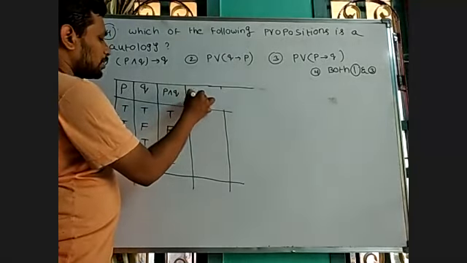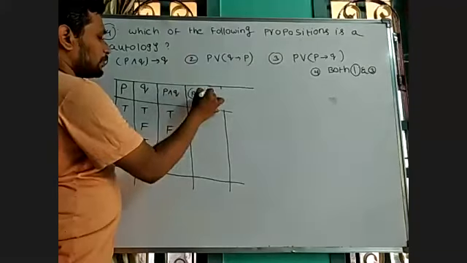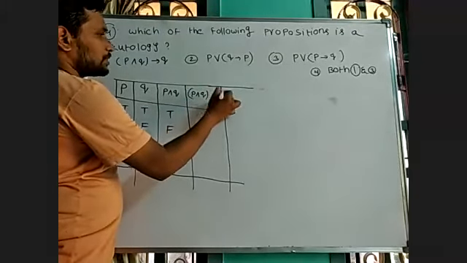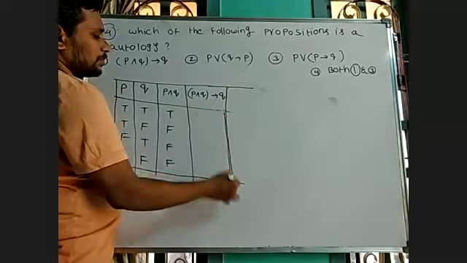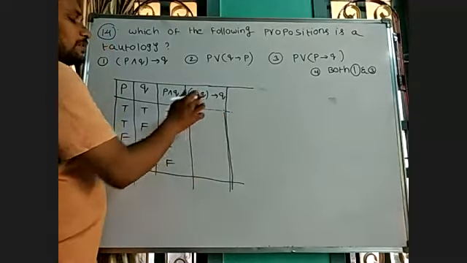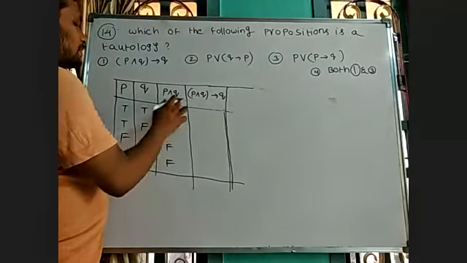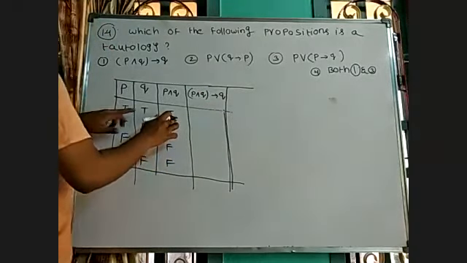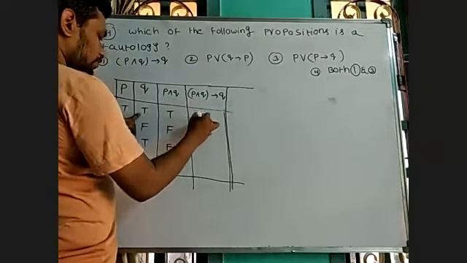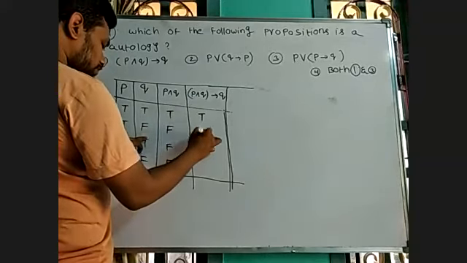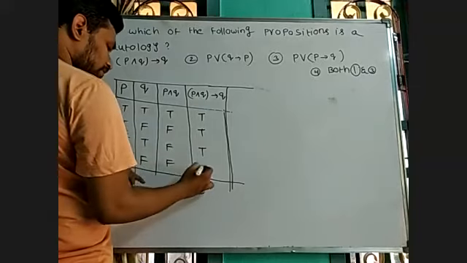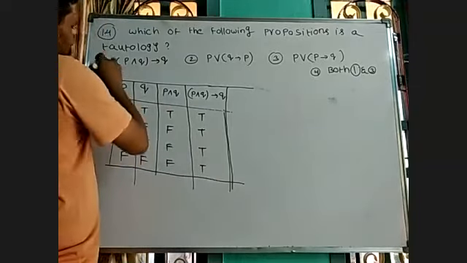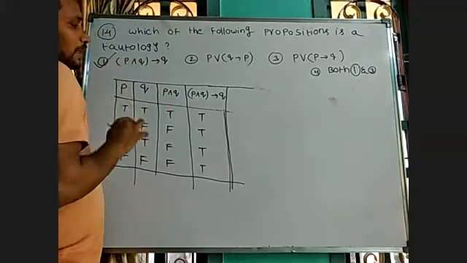P and Q, this is also Q. Okay, this is implication. So now true, true. What do we get? True. False, false, this is true. False, true, this is true. False, false, this is also true. Option one is satisfied. Okay, very good.